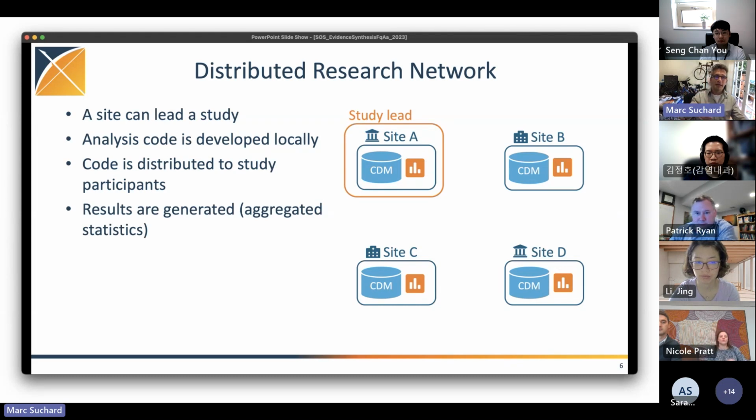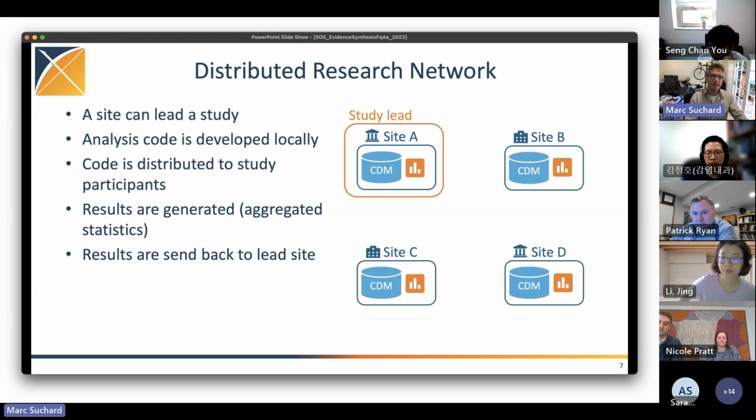The results within these firewalled areas are then generated, and only aggregate statistics can be shared so that we don't violate patient privacy or ownership issues of the patient's information. And these results are sent back to the lead study, and we'll talk about how this aggregated information can be brought together today.